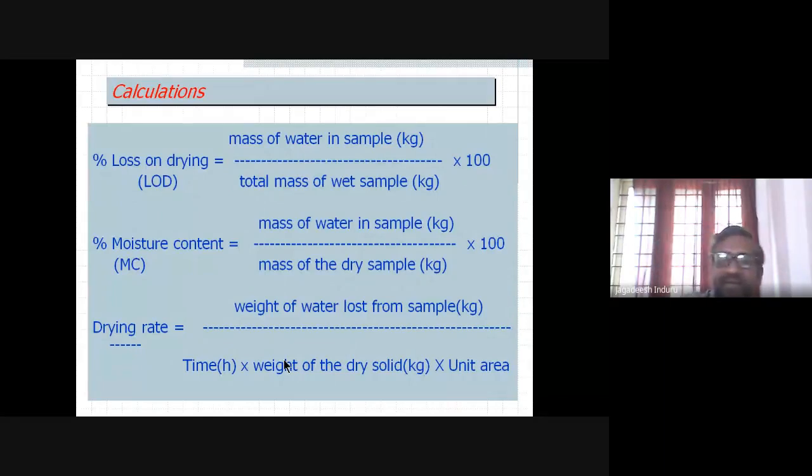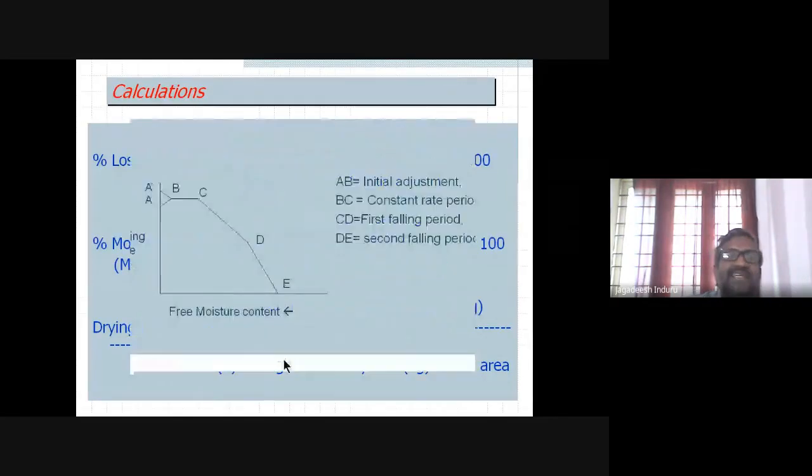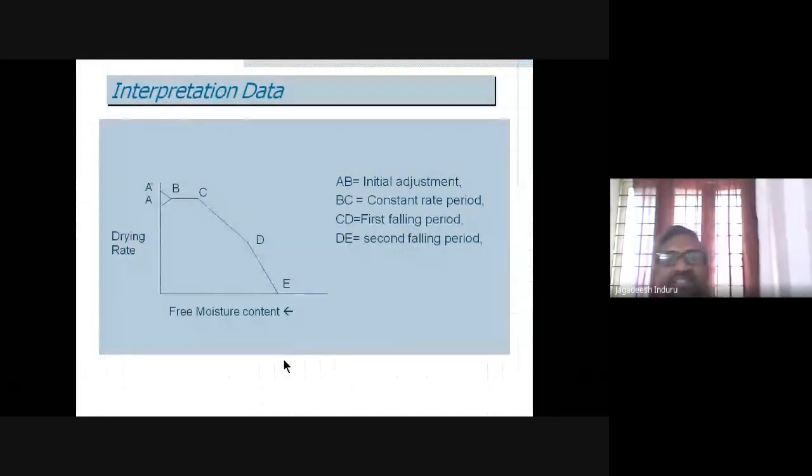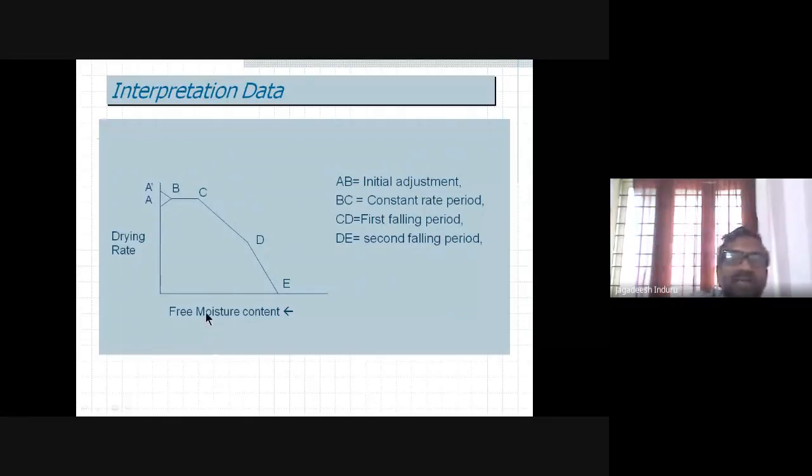Let me go to the next step, which is called the stages of drying. Drying has different stages. If you see this particular diagram, the x-axis has the free moisture content and the y-axis has the rate of drying.